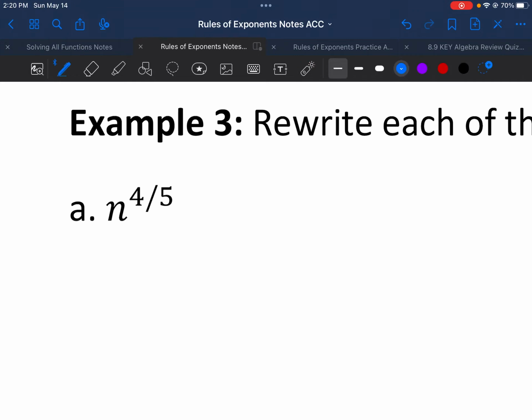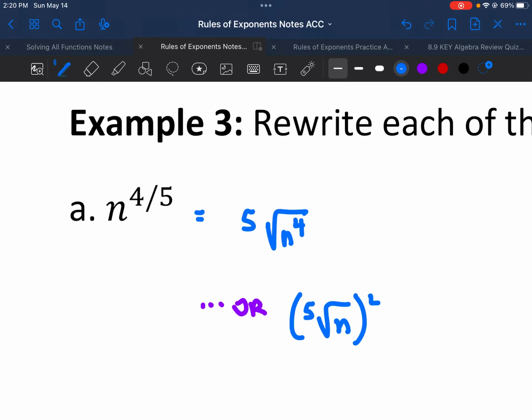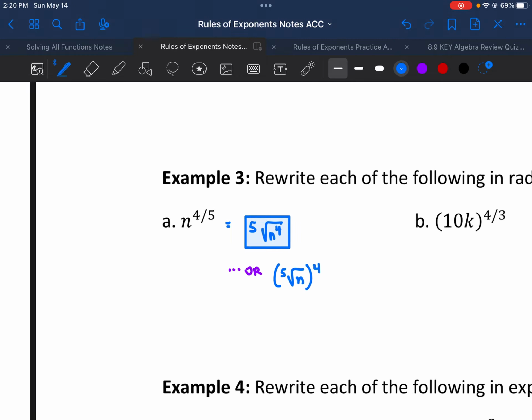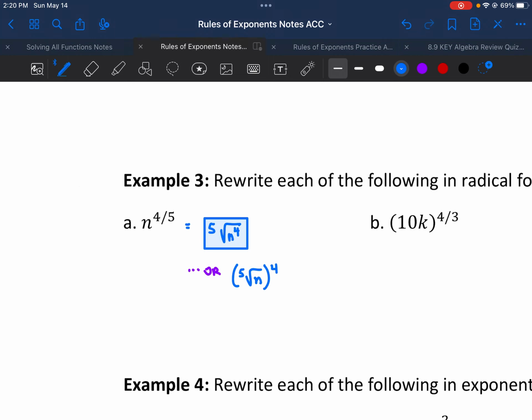So this could be equivalent to the 5th root of n to the 4th. Or alternatively, we could have the 5th root of n, all raised to the 4th power. Either one of these is perfectly acceptable, so it doesn't matter which one you answer.